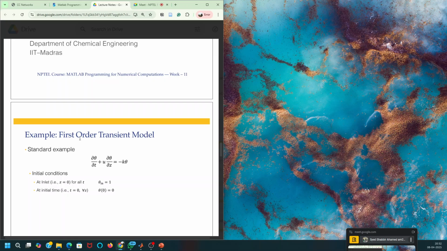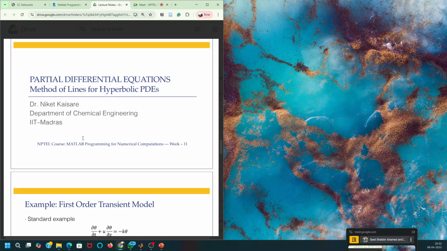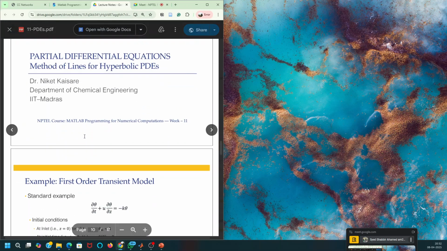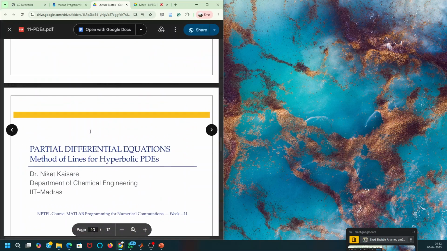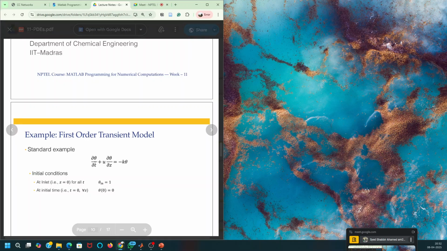Here we are going for the first order PDEs using our method of lines. So here we will discretize the system. This is a first order partial differential equation with respect to z. We can use the central difference scheme and solve it like what we have done, the same thing we can do.